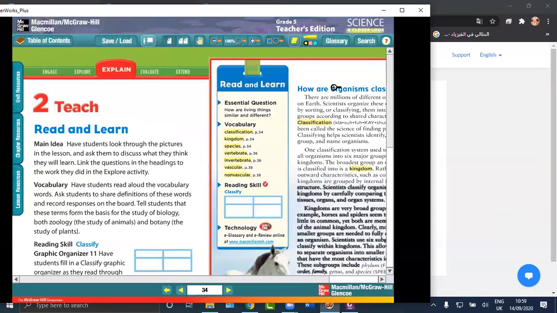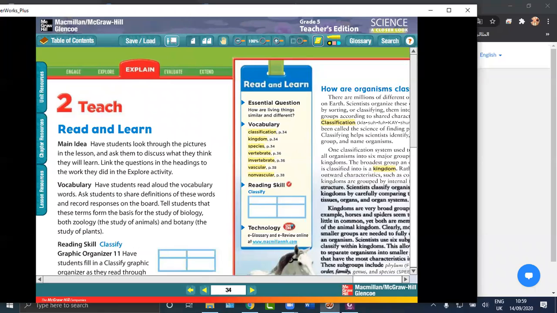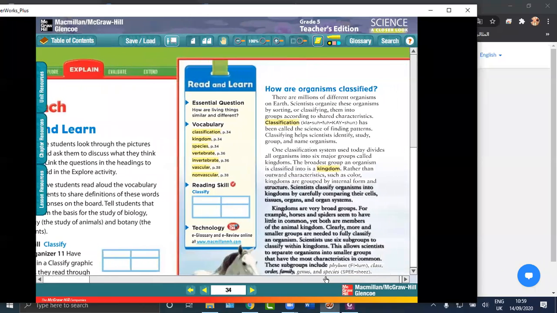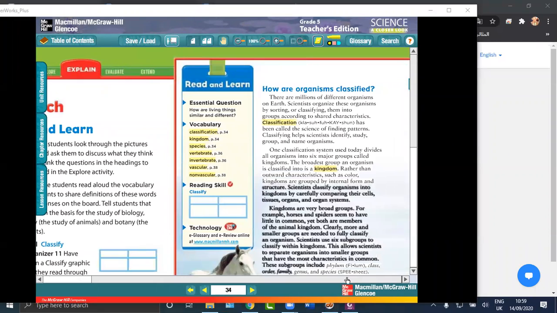Now we are going to discuss page 34. Classifying life. Listen. We will take an introduction about classifying life.